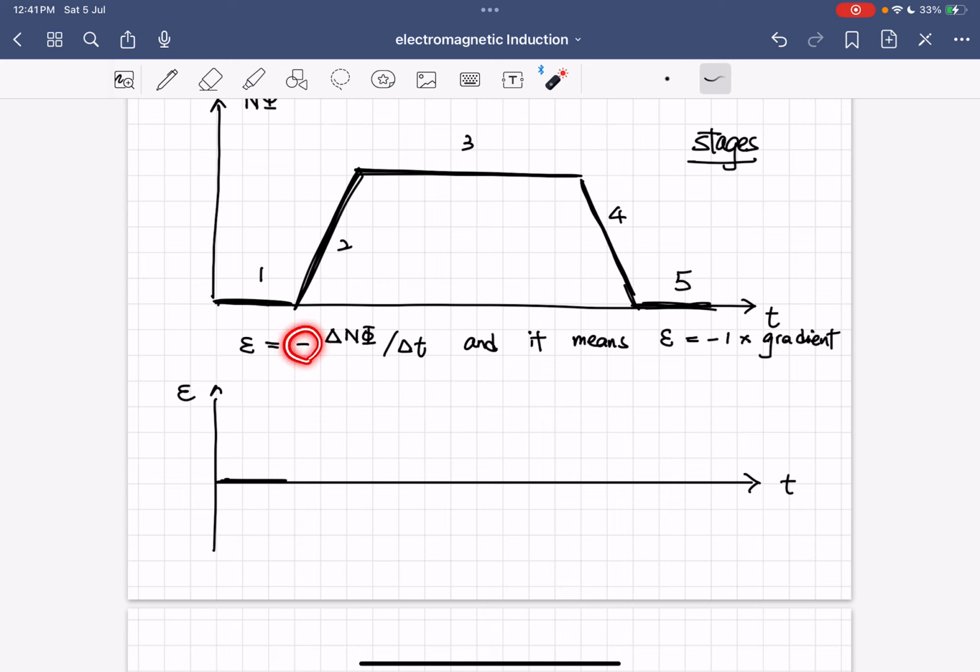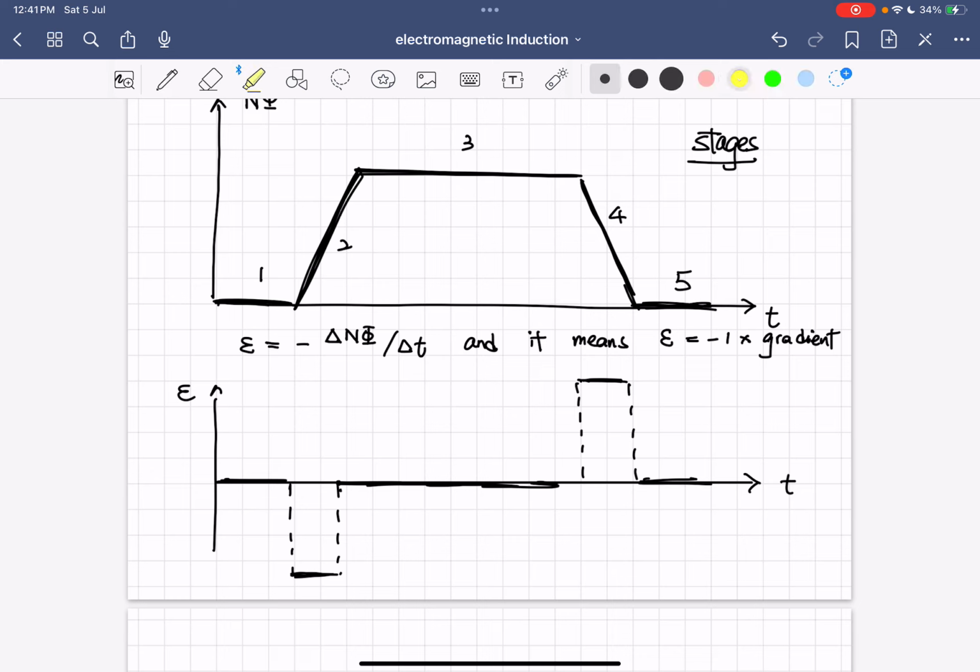Remember there's a negative sign to multiply to it, so therefore it will stay negative. And then for stage 3, you get zero gradient again, so therefore 0. And then stage 4, you have a negative gradient here, so multiply by another negative one, so it becomes positive. I think I made it too high anyway, right here, like this. So therefore positive, and then zero again.